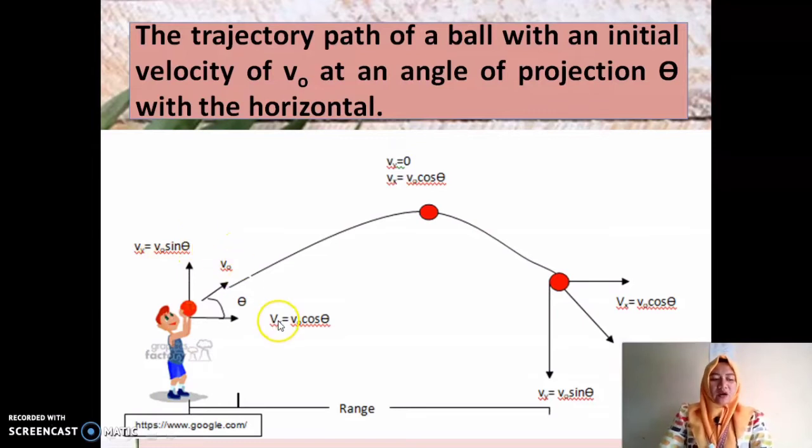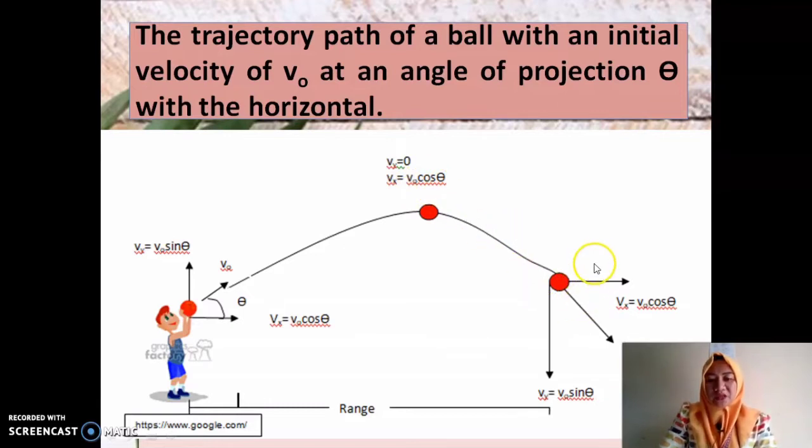And our horizontal velocity, v sub x, is equal to v sub 0 cosine of the angle. At the maximum point of the ball, our vertical velocity v sub y is equal to 0, while our horizontal velocity is equal to v sub 0 cosine of the angle.